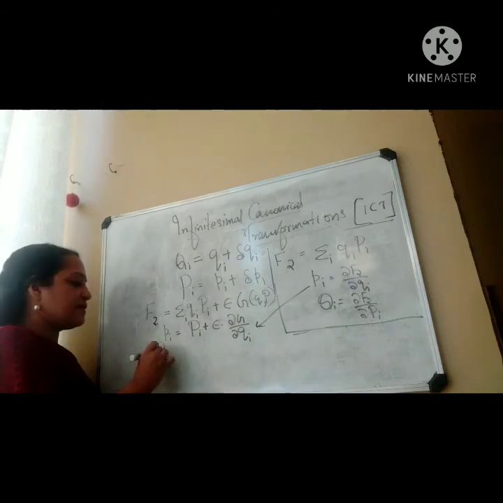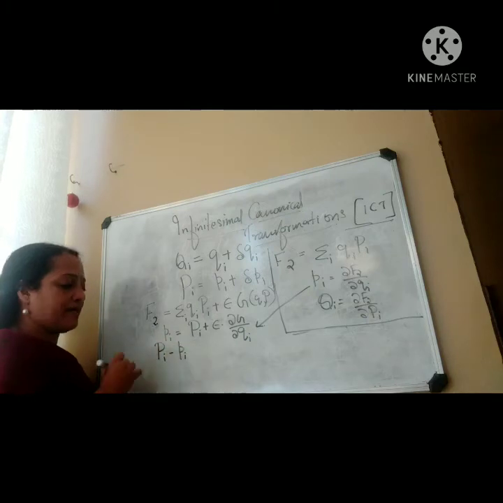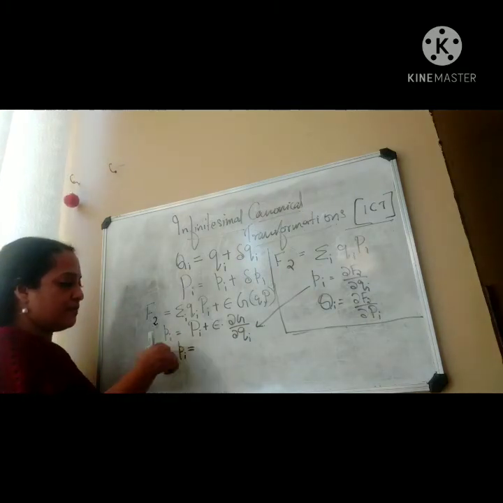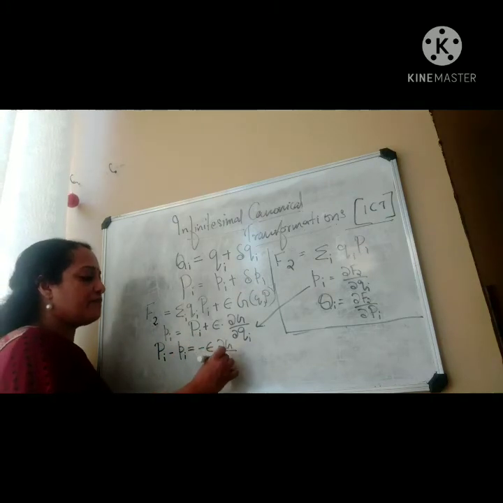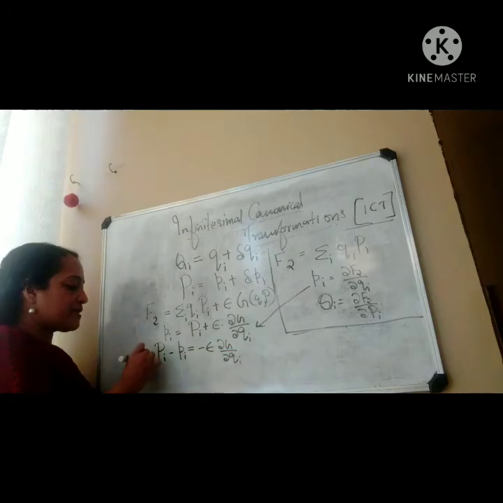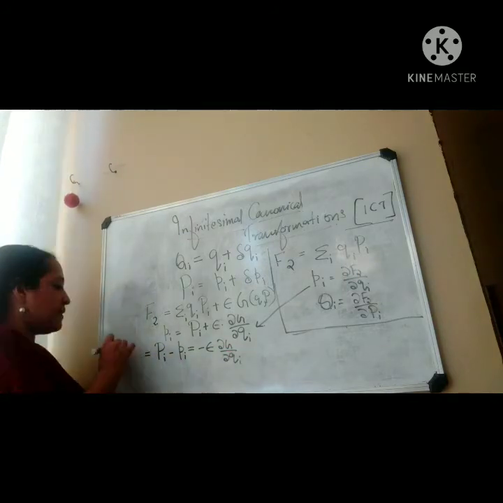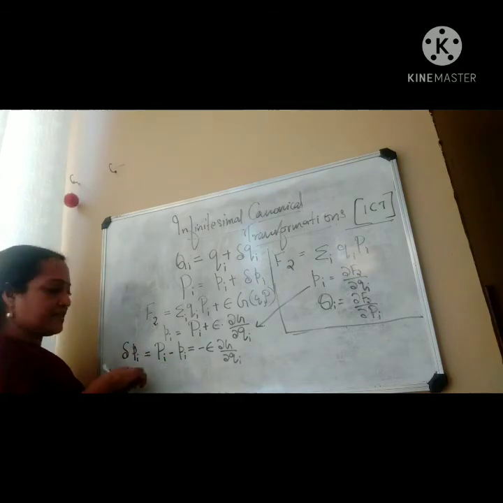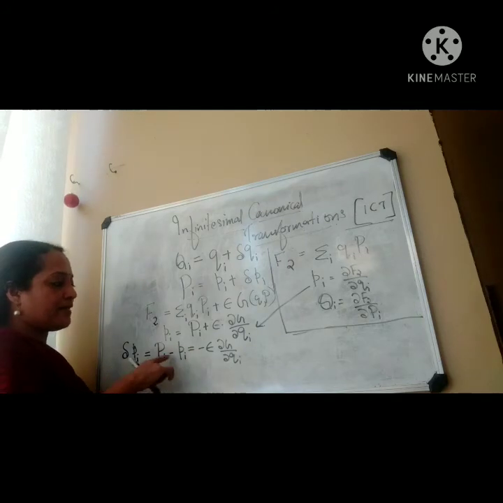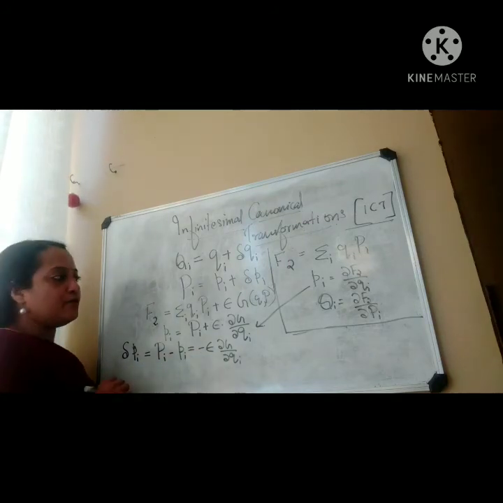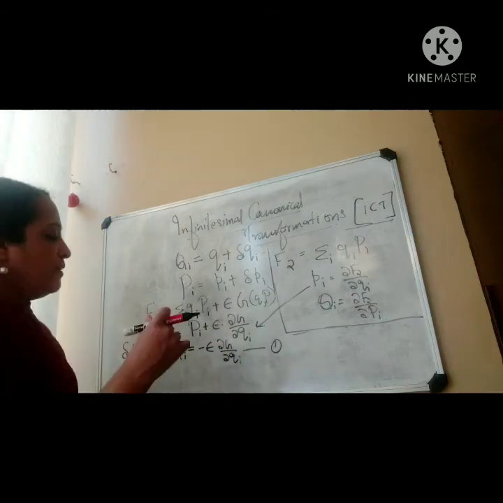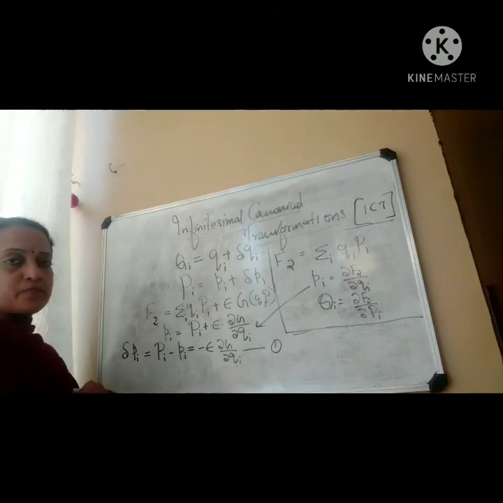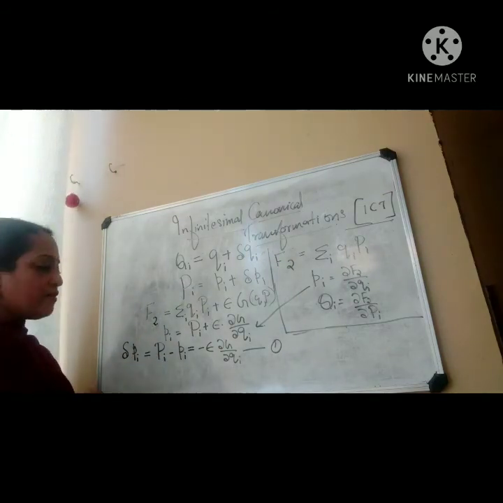Or we may write the change in momentum, Pi minus small pi, as equal to minus epsilon into dou G by dou qi. Pi minus small pi is delta pi. So we can write delta pi as equal to minus epsilon into dou G by dou qi. This may be marked as equation number 1. This is the expression for the infinitesimal change in the momentum.